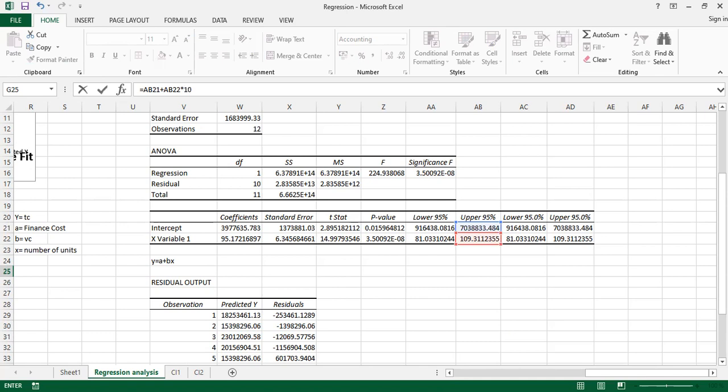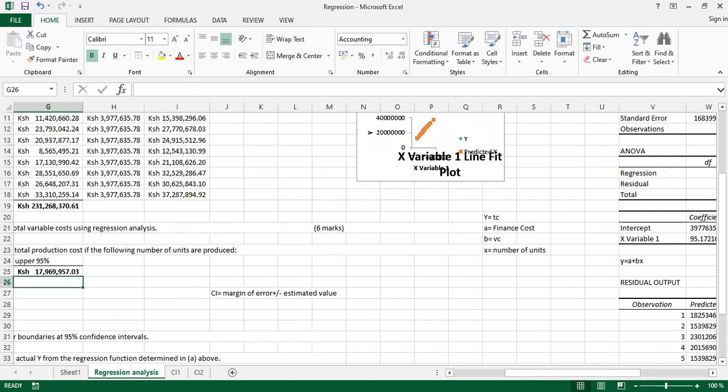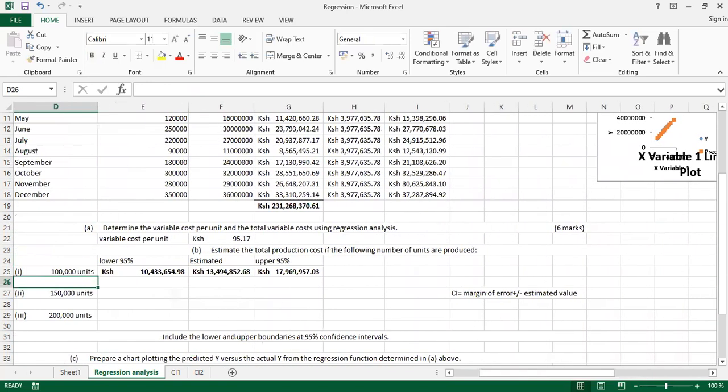Enter. So here you can see, for 100 units, we have our lower interval of 95 at 10 million, the estimated is 13, and the upper limit of 17. So we can do the same thing there.